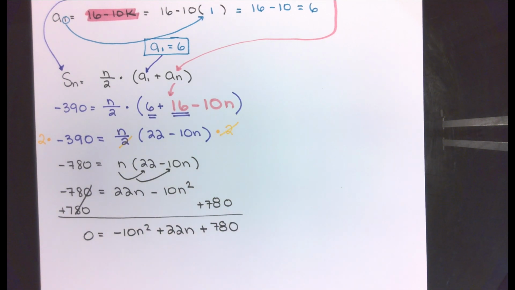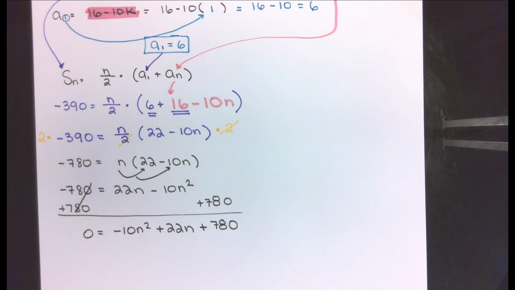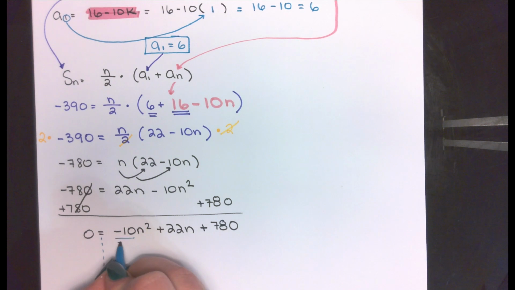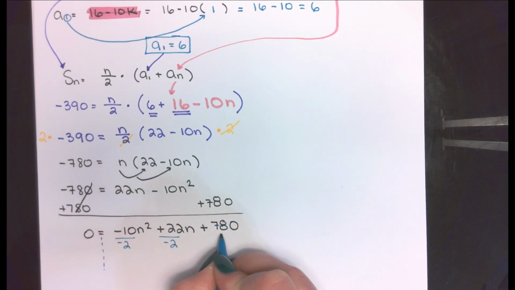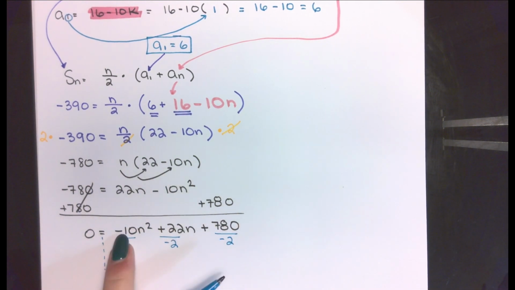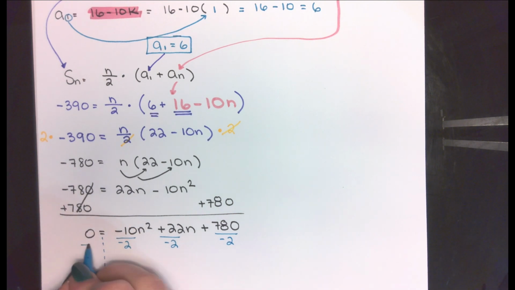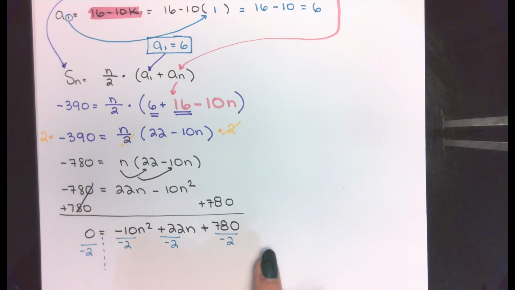We're going to find a number that we can divide by just to make things simpler. You can just pull out a GCF, or you can just divide everything since we are solving an equation. I'm going to divide everything by a negative 2. The reason I'm choosing a negative, not a positive 2, is because I need this leading coefficient to be positive. Every single term gets divided by a negative 2, or nothing does, so we have to make sure that we also divide this 0.